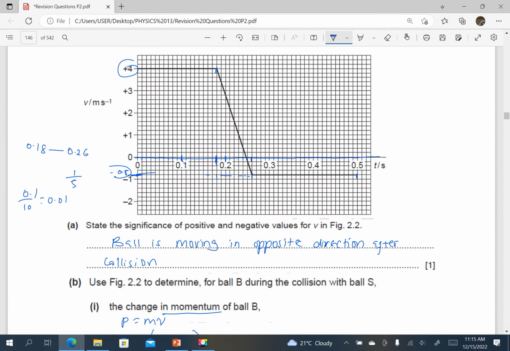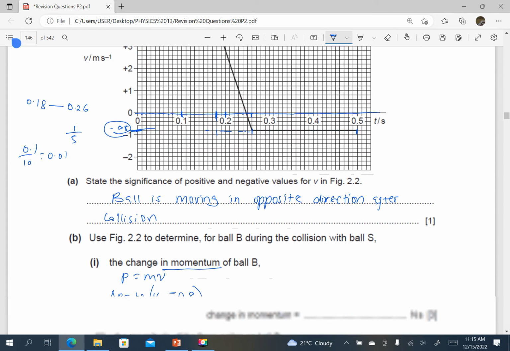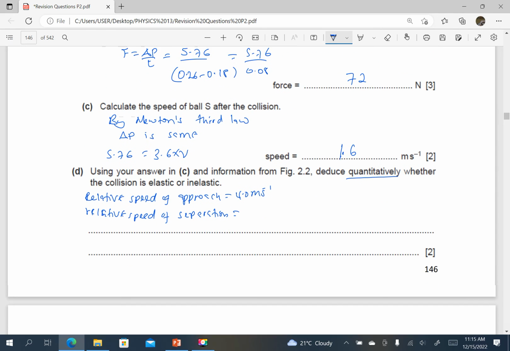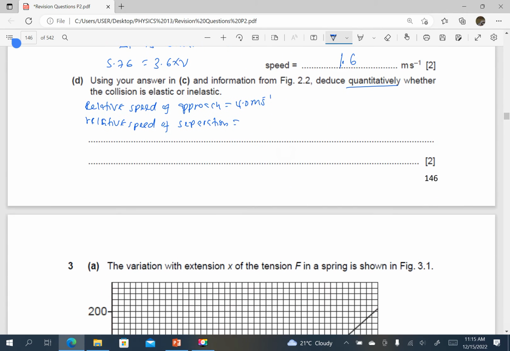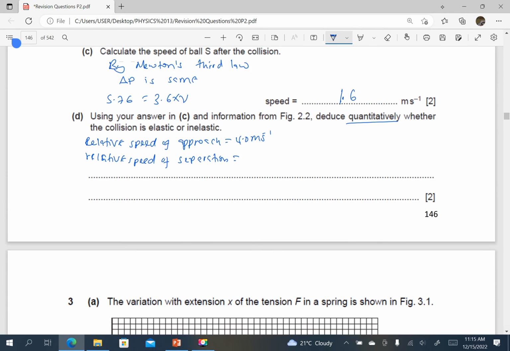This is moving at negative 0.8 or 0.8 in one direction, and the other one is moving at 1.6. So the relative speed of separation is going to be 1.6 minus negative 0.8, which is 2.4 meters per second. So this is inelastic since the speeds are not the same. So inelastic.